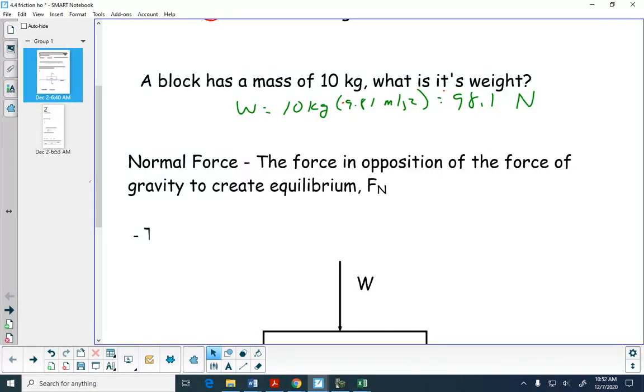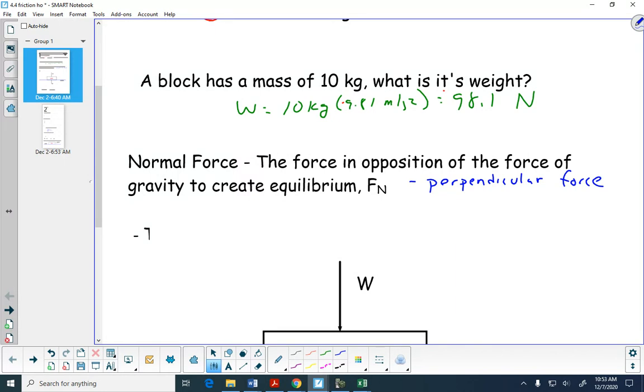This is your normal force. And we dealt with this a little bit when we were dealing with an inclined plane. This was also the perpendicular force. It's your normal force, a force in opposition to the force of gravity to create equilibrium.